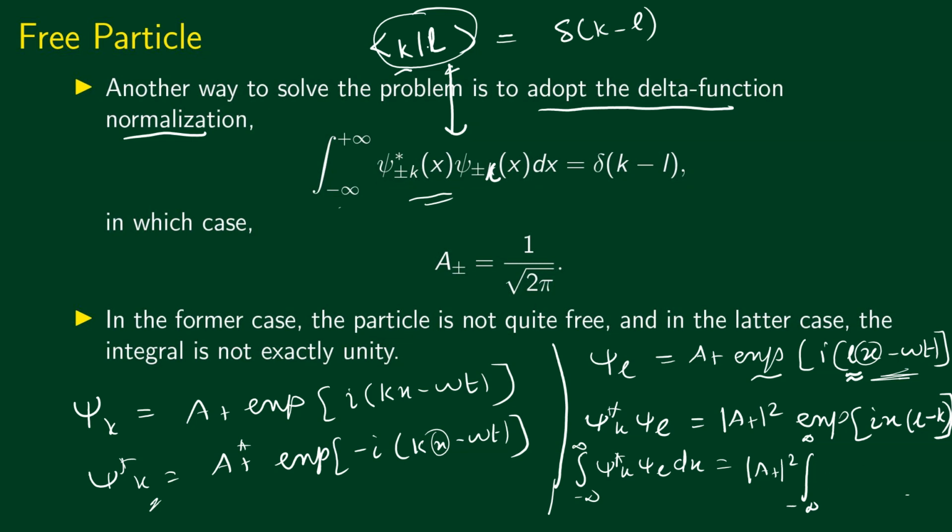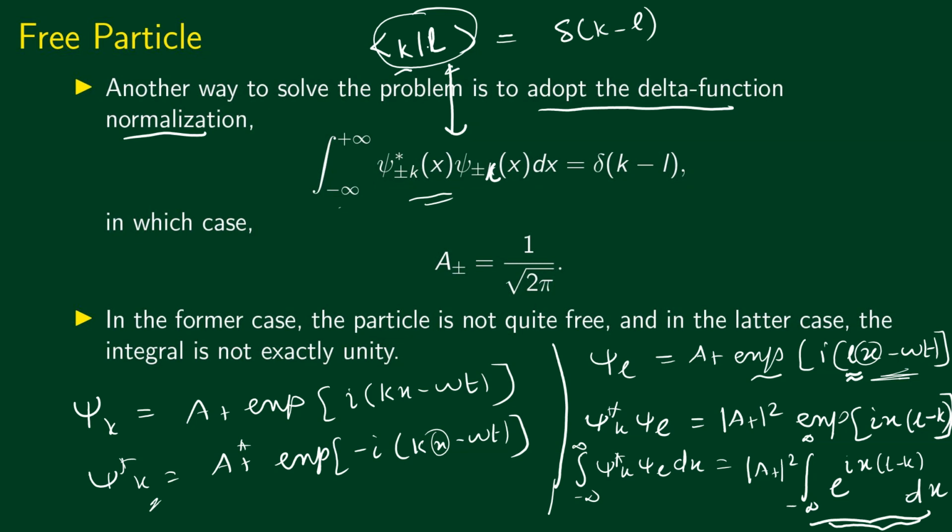of exponential i x L minus k dx. Now we know that this is related to the integral representation of the Dirac delta function. This is something that we have already discussed.